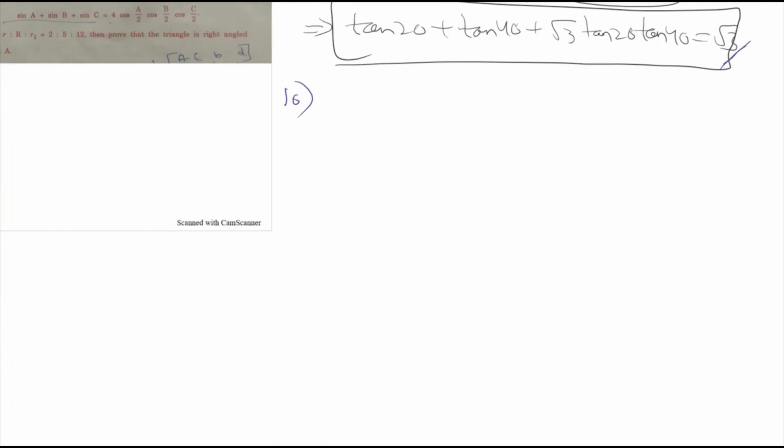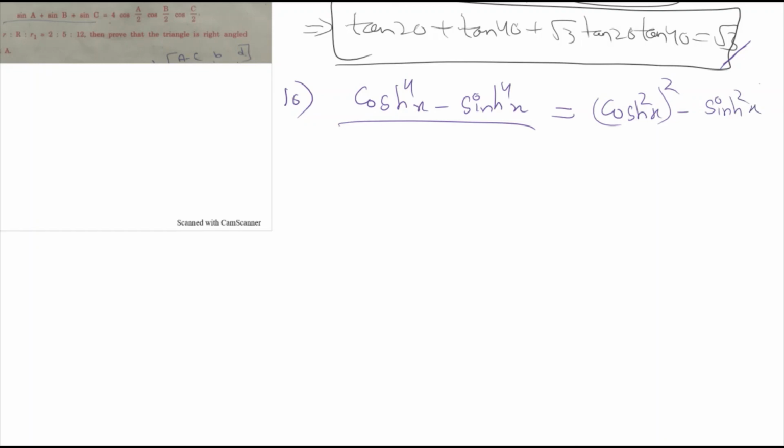So 10th one is, we need to prove that cos h power 4x minus sin h power 4x equals, so this I can write as (cos h square x) whole square minus (sin h square x) whole square.